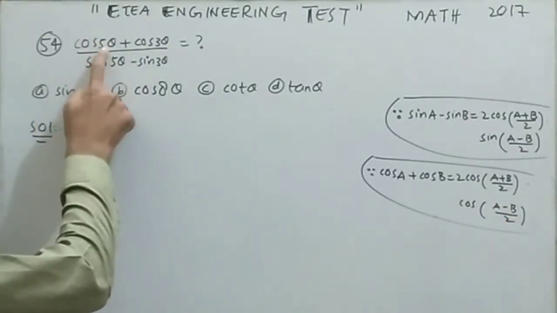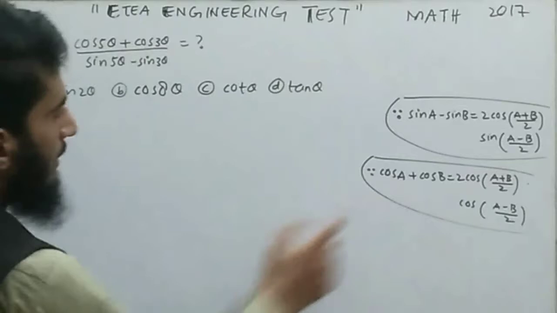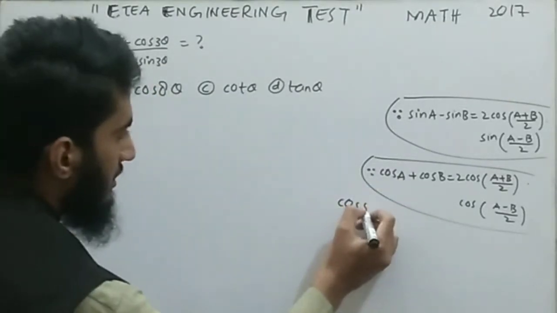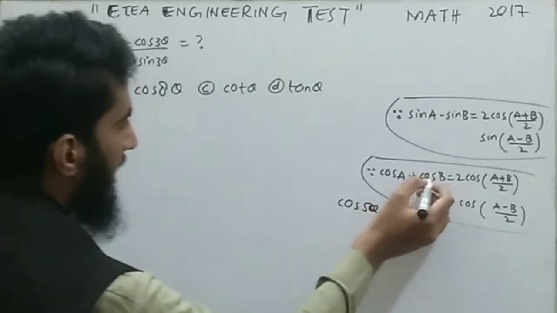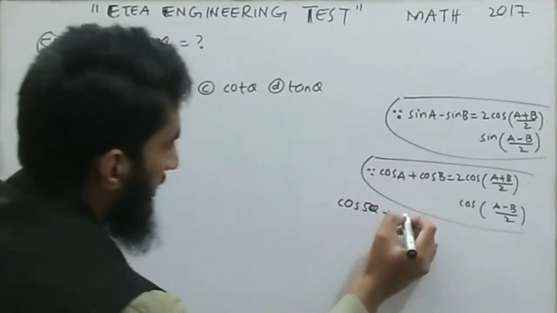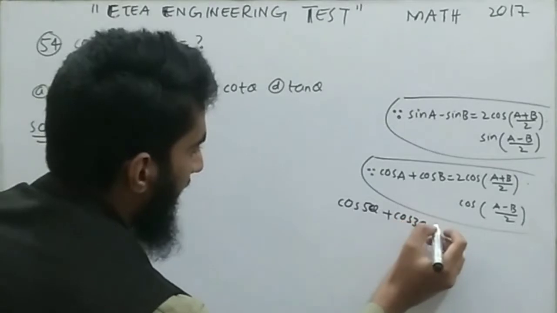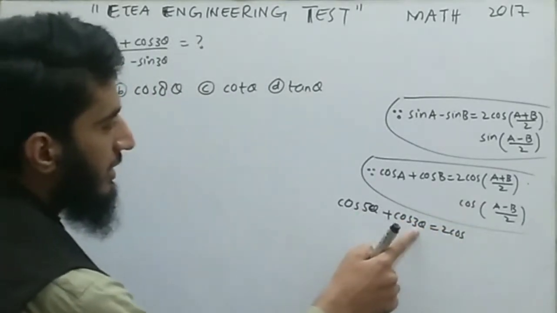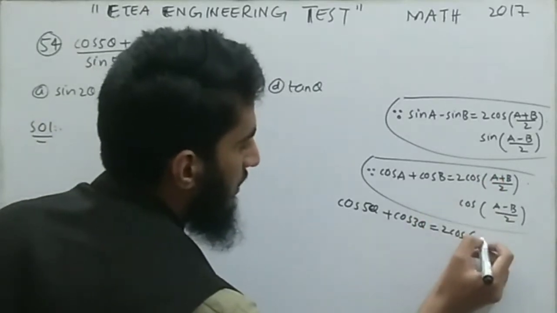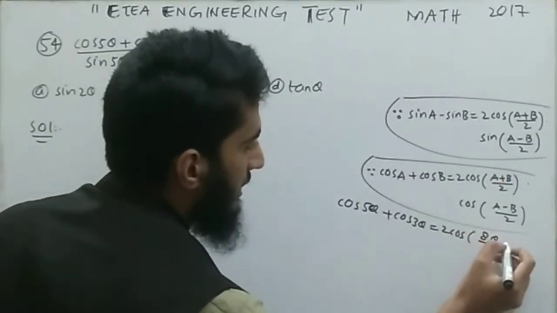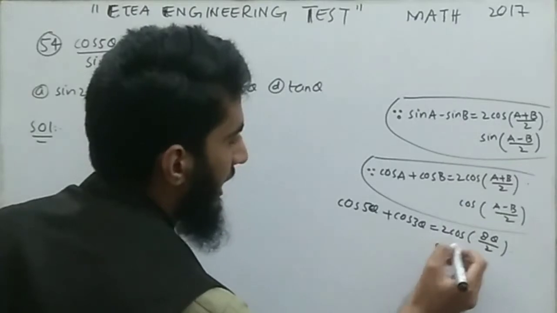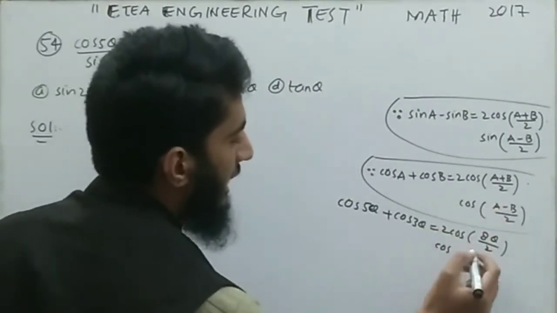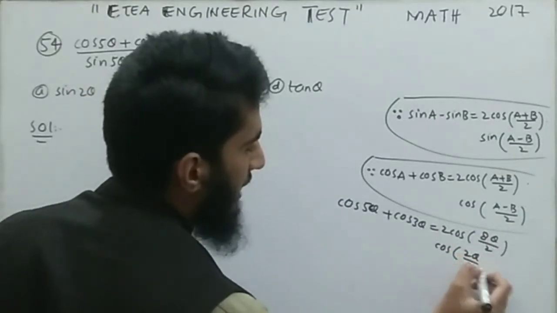Over here, let's suppose this is cos A and this is cos B. So putting the values over here, A is 5 theta, let's suppose, and plus cos B, let's suppose cos B is cos 3 theta. So it will be equal to 2 into cos of (A plus B) by 2, where A is 5 theta and B is 3 theta. So 5 theta plus 3 theta gives us 8 theta, divided by 2, into cos of (A minus B) by 2. 5 theta minus 3 theta gives us 2 theta, divided by 2.